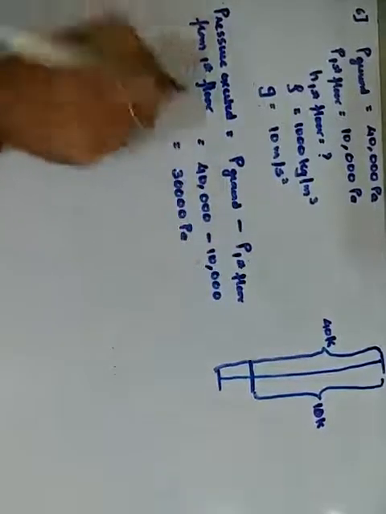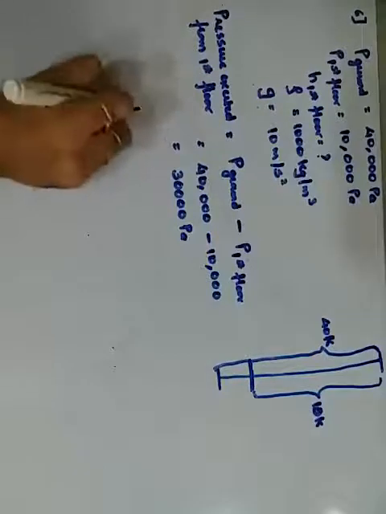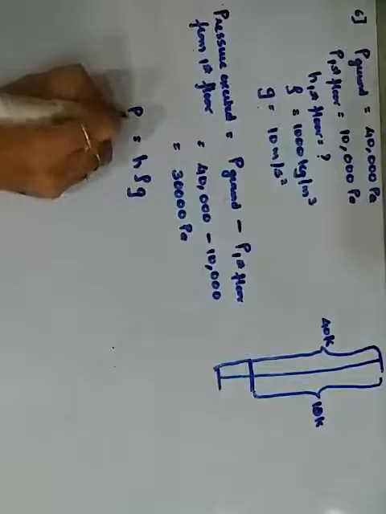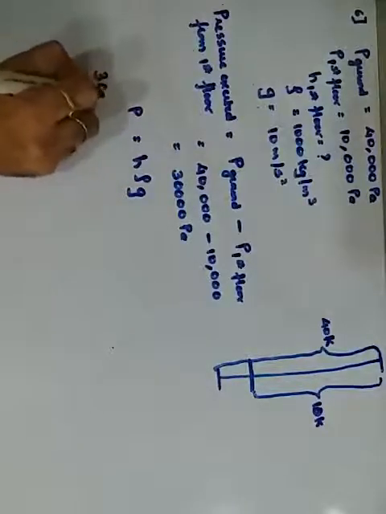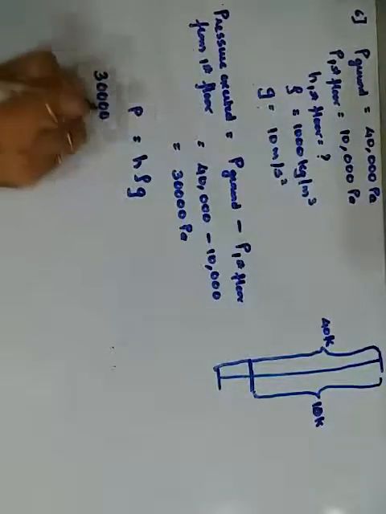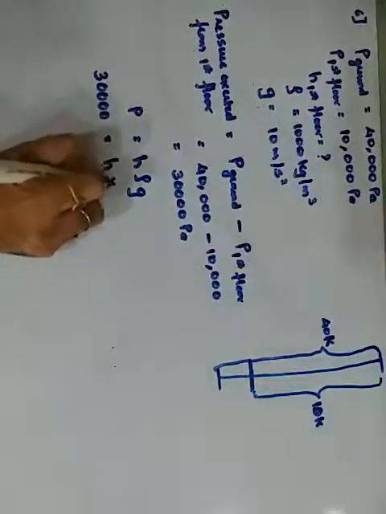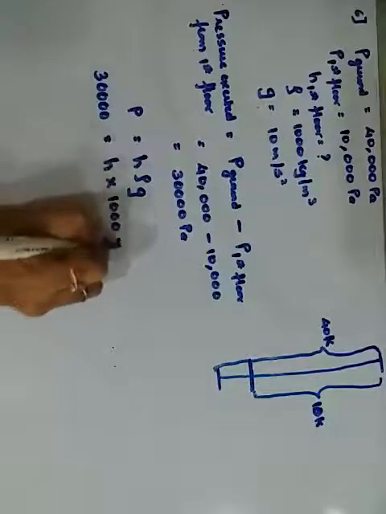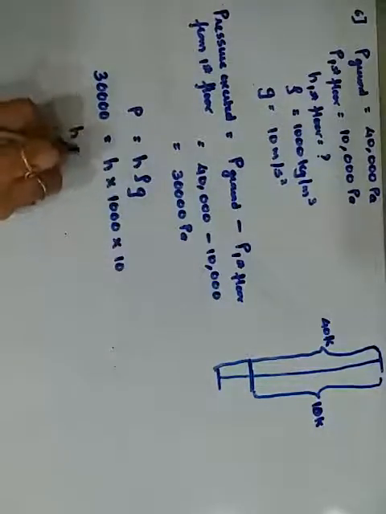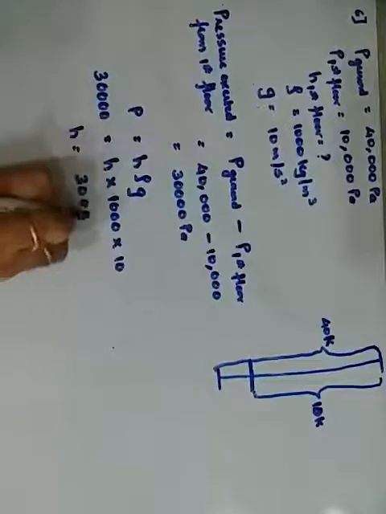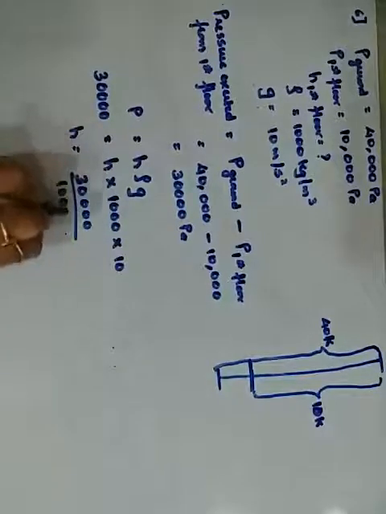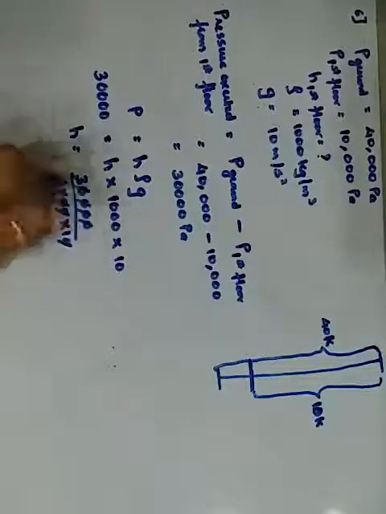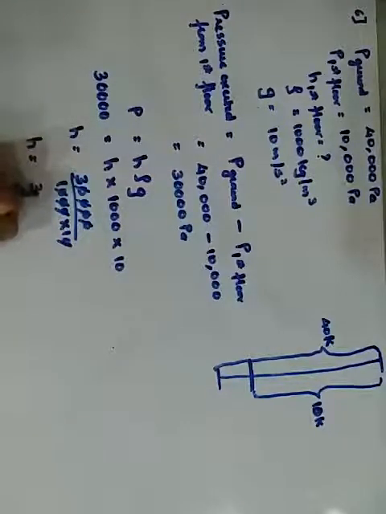Okay, this is the pressure from the first floor, but pressure is equal to H into rho into G. Pressure on the first floor is 30,000. Height we want, density is given 1000, into gravity is given 10, and therefore the height is equal to 30,000 upon 1000 into 10. Cancelling the zeros, the height becomes 3 meters.